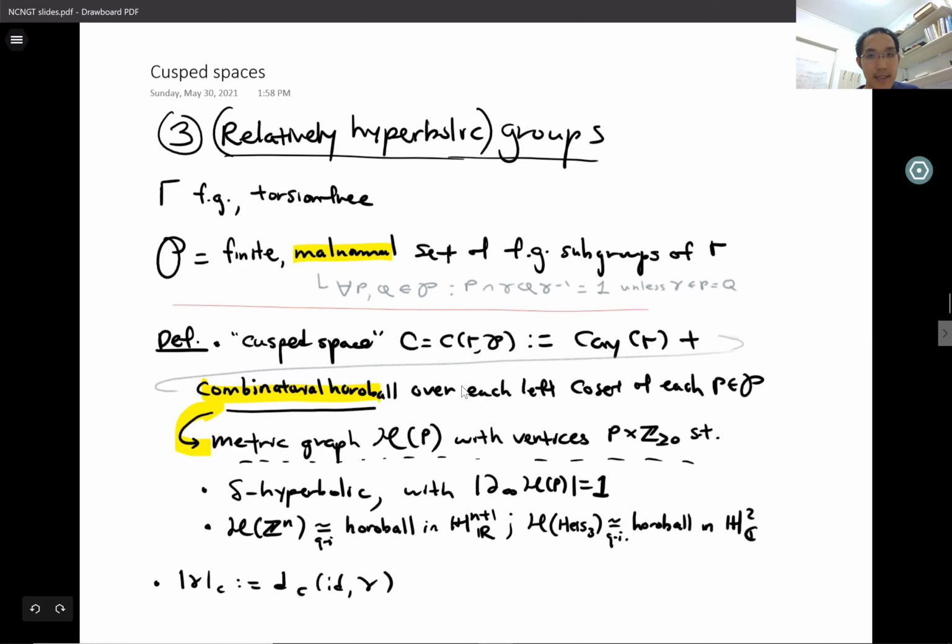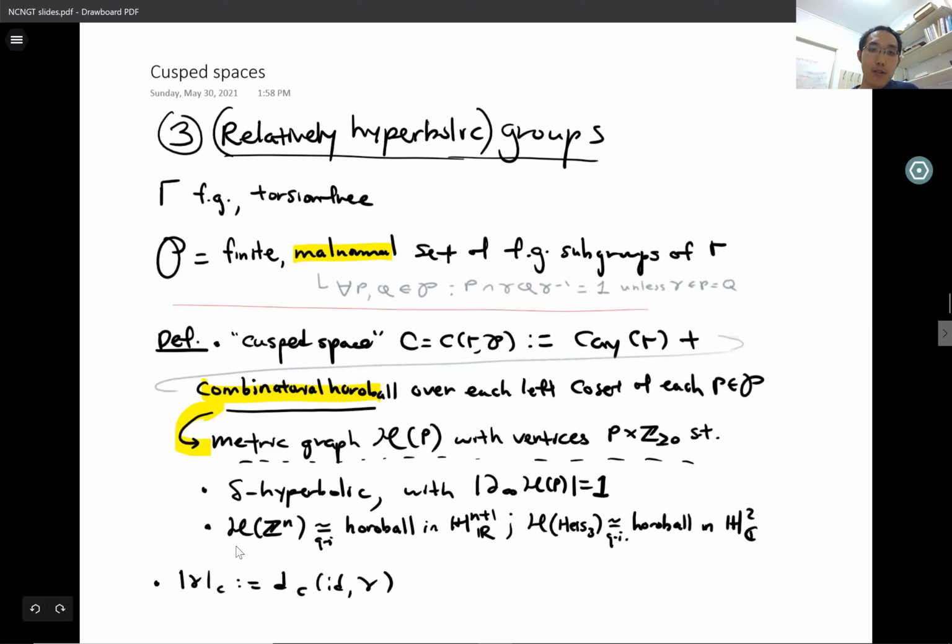And there's an exact definition for these things. It's maybe not that enlightening, so let me rather just tell you some key properties. So these combinatorial horoballs, they are always delta hyperbolic, and their Gromov boundaries always consist of a single point, no matter what P you start with here.